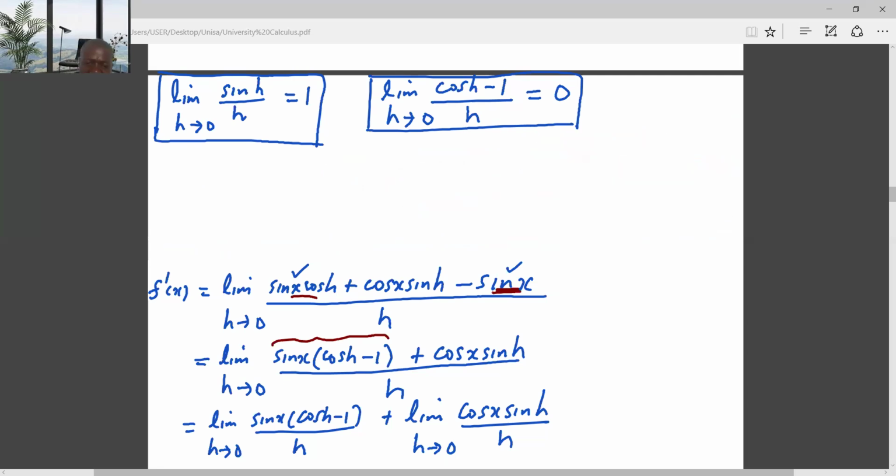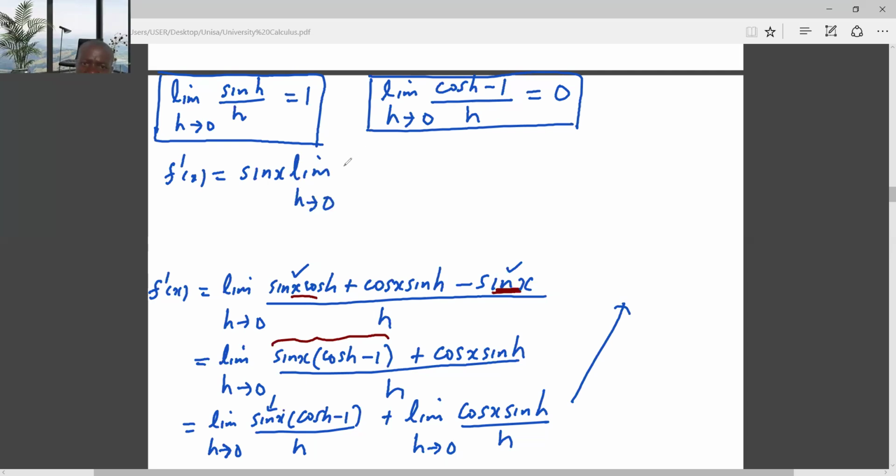If you look at the first part, you can easily see that here we're speaking about the limit when h approaches 0. Because it's h that approaches 0, sine x we can pull out. So I'm going to write f prime x. Sine x will be out because it's not a function of h. So it's going to be sine x times the limit when h approaches 0, I'm referring to this part here.